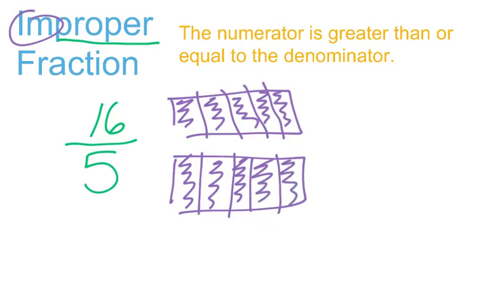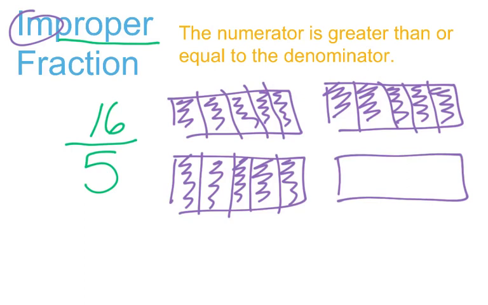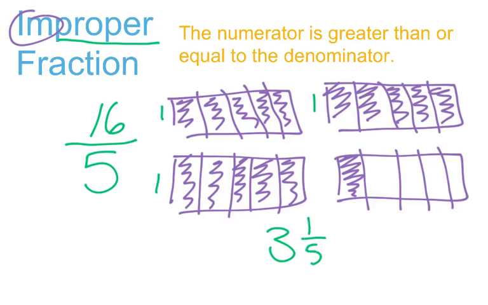Ooh, gotta still keep drawing. 11/5, 12/5, 13, 14, 15. Oh my goodness, this is a large improper fraction. 16/5. It actually represents a number that is greater than one whole. It's representing 1, 2, 3 wholes and 1/5.